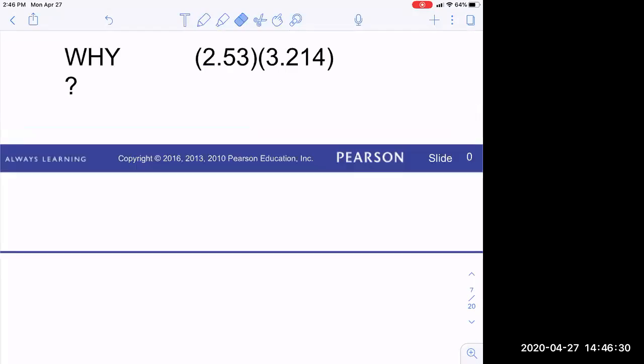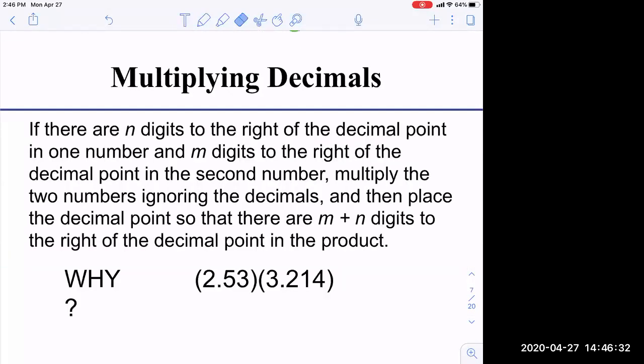Hey, I gave myself white space, good. Now I need my numbers. 2.53 times 3.214. Yeah, I shouldn't use that.